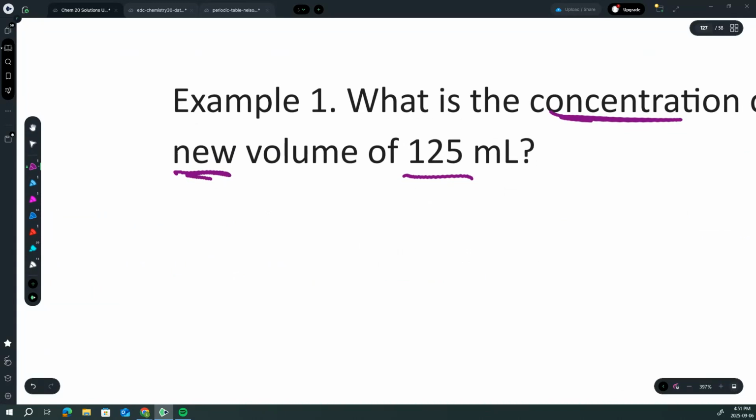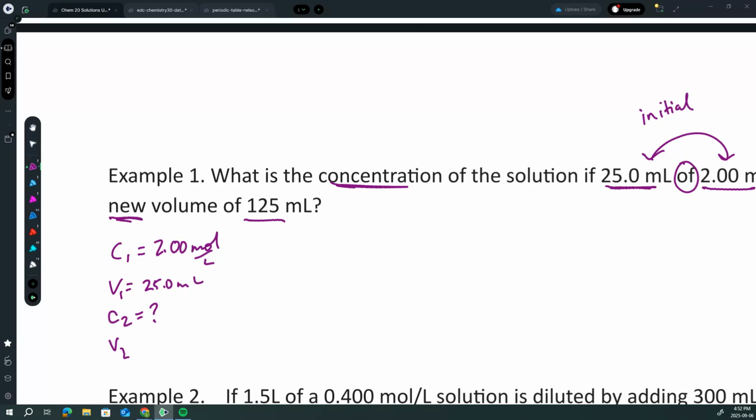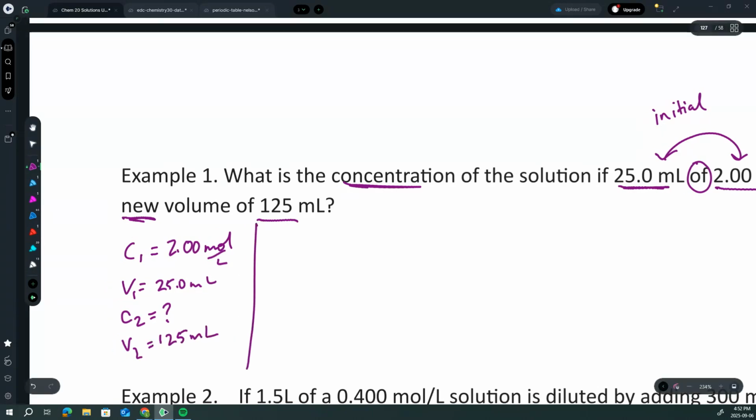So if we're writing out our list of givens, then I'm going to go 25 milliliters of a 2 mole per liter solution. The final concentration, we have no clue, but the volume we said was 125 milliliters.